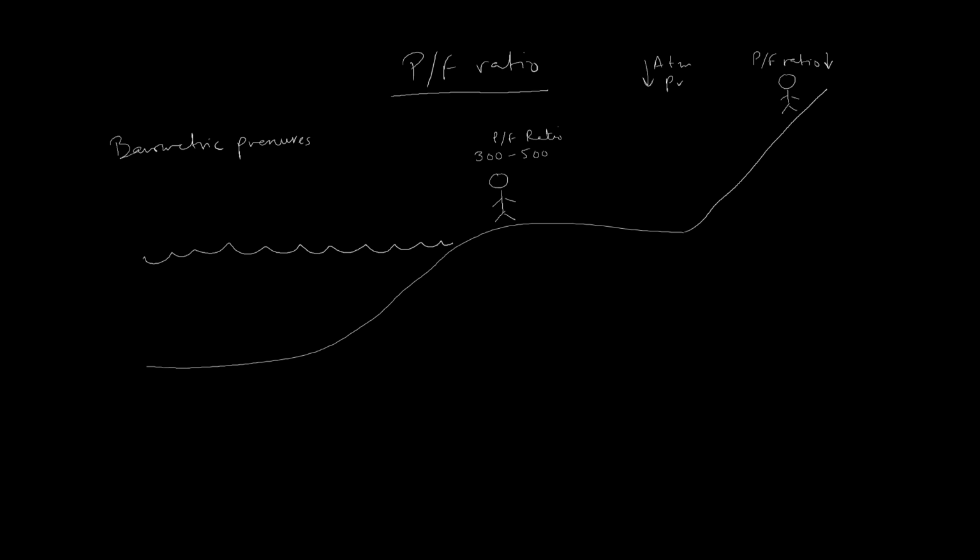And if the same person was to go to a valley, his normal PF ratio would most probably be more than 500, because the atmospheric pressure has gone up. So we need to keep in mind and consider these atmospheric pressures. I would say, at least if you live at a higher altitude, or in the mountains or in the hills, you need to consider this as well.